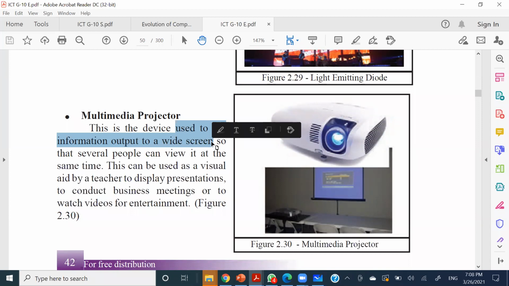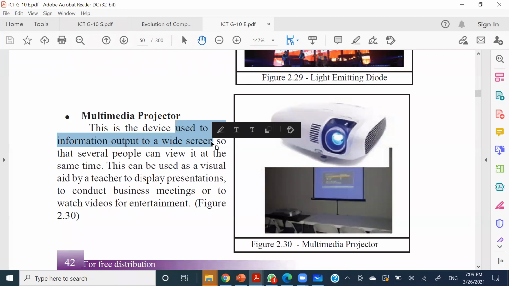That is the first point. So the subheading, multimedia projectors.